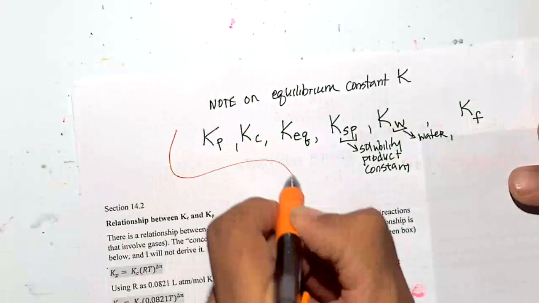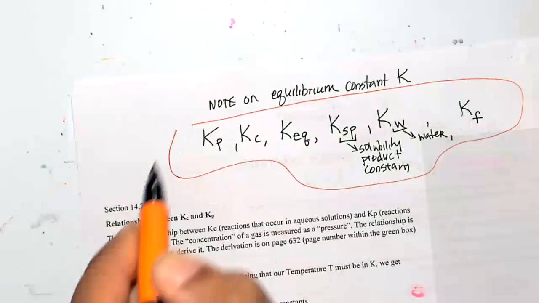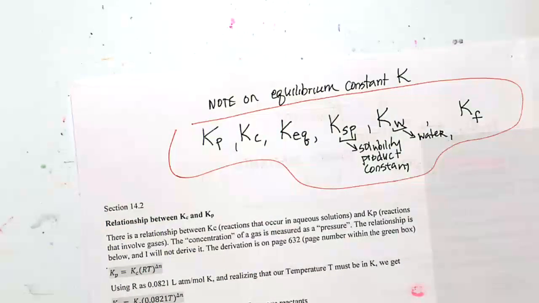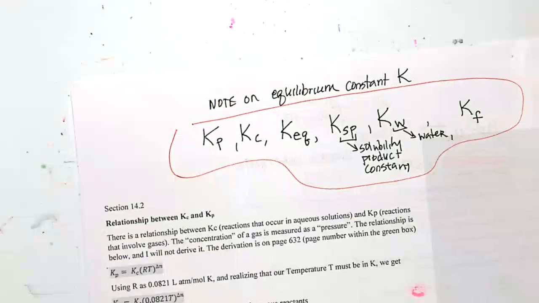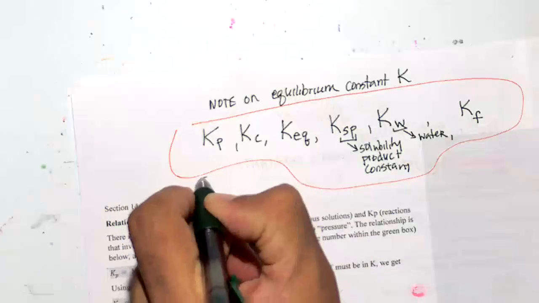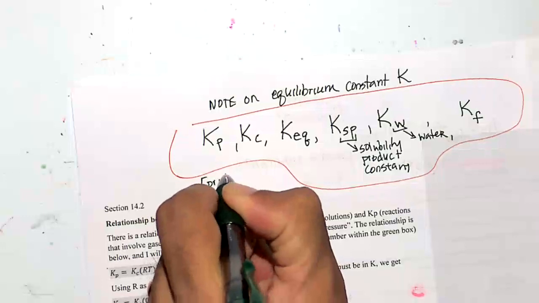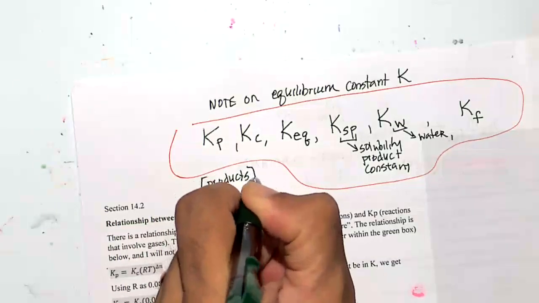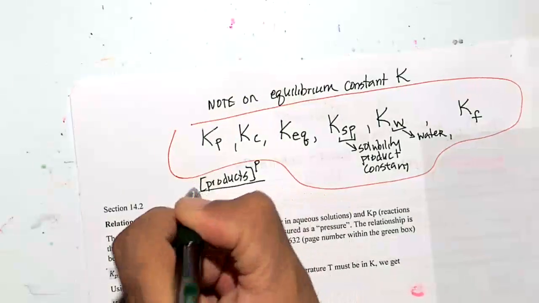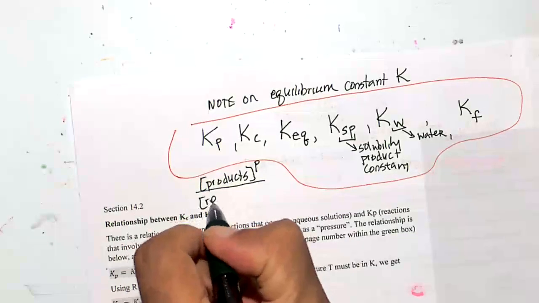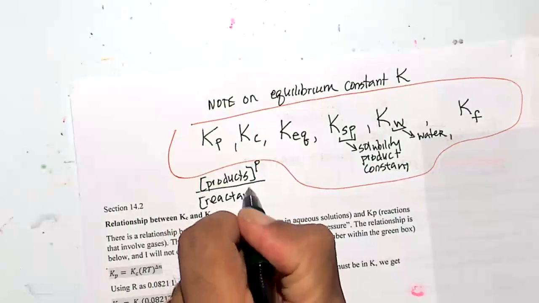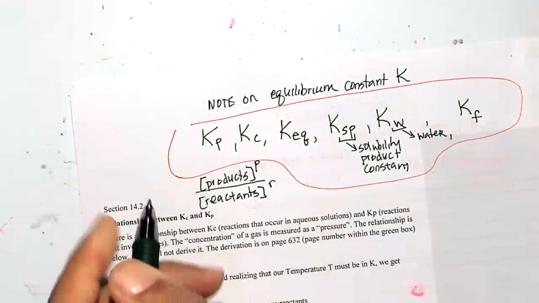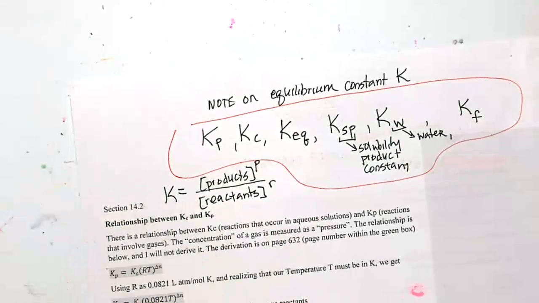So there's a whole bunch of different Ks. The subscripts are important, but all of these Ks basically mean the same thing. And what is that meaning? Products over reactants, raised to the power of the coefficient. And that's what K means.